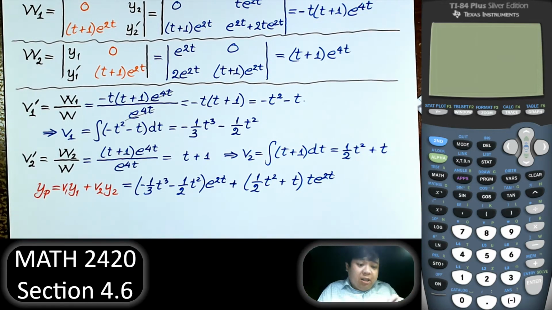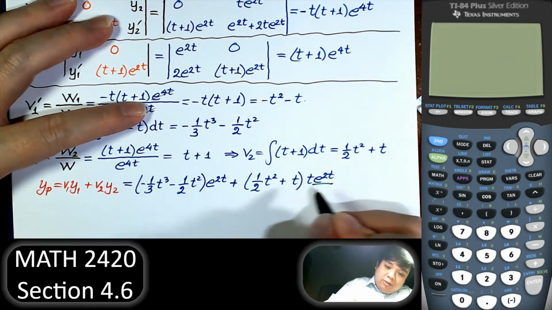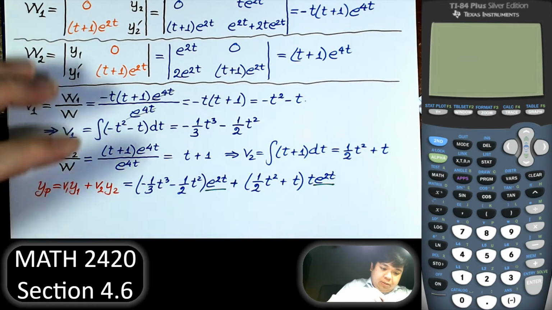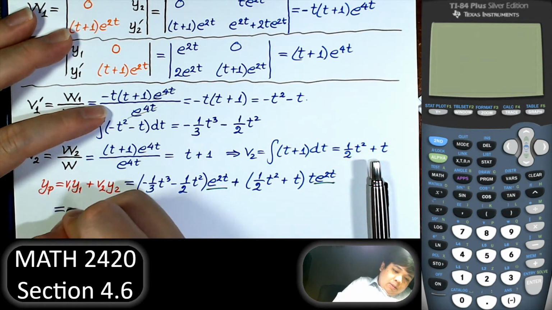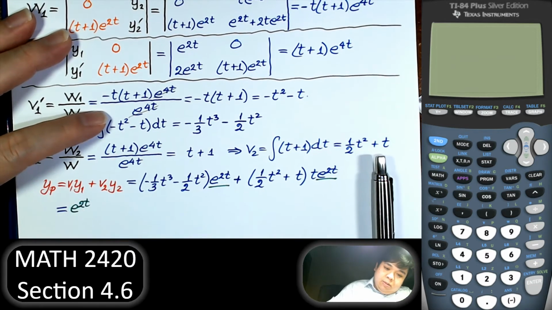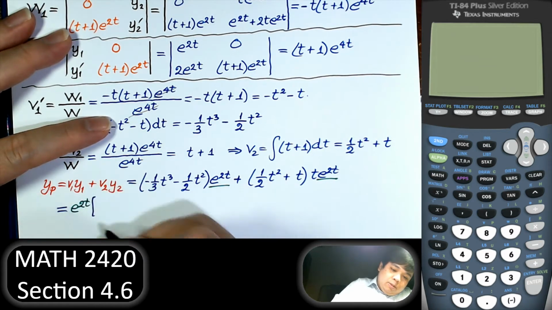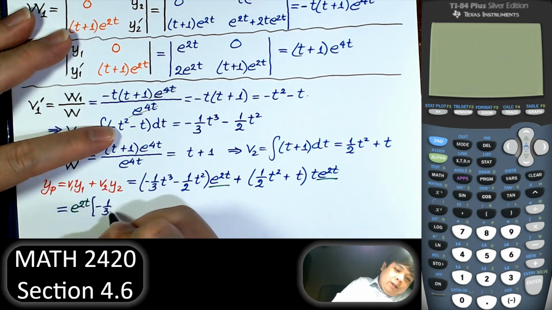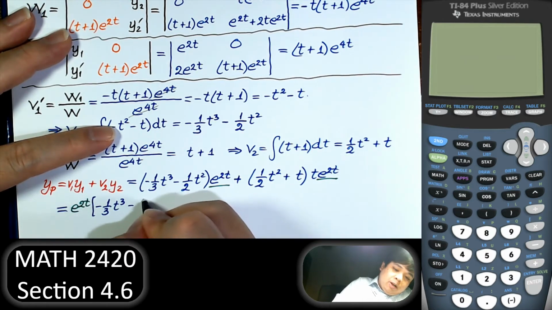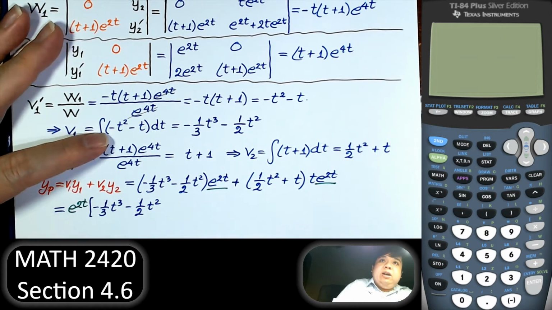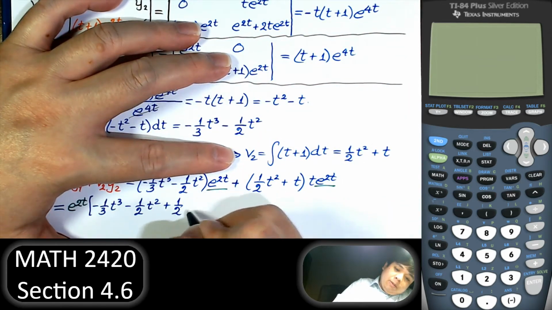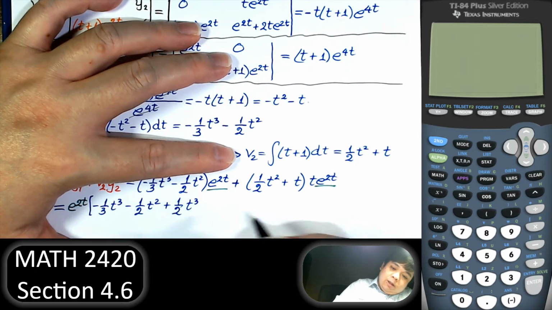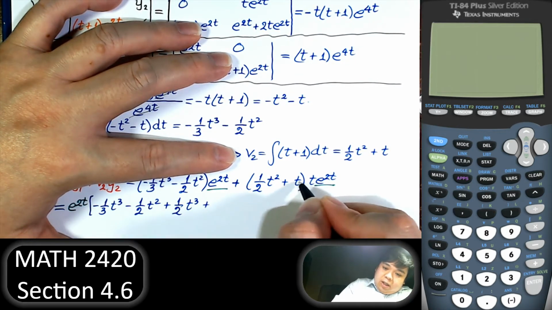Now, what we see here is the common factor of e to the 2t. I can factor them out. So we have negative 1 over 3 t cubed minus 1 over 2 t squared, then 1/2 t squared times t, so plus 1/2 t cubed, plus t times t, t squared.